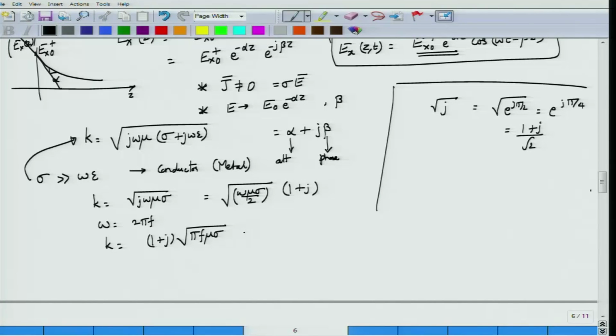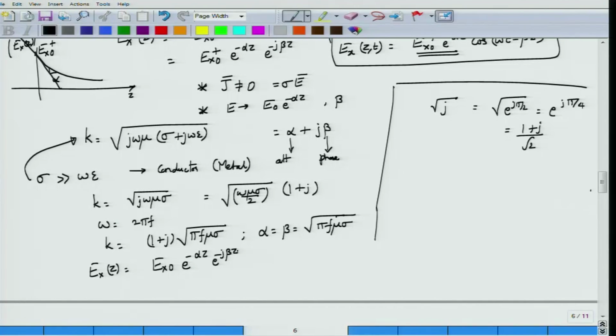So clearly in this case alpha is equal to beta, both given by square root of pi f mu sigma. So what will happen to the electric field that is propagating? The electric field will be Ex of z given with some initial amplitude Ex0, assuming still only a forward propagating wave, and then you have e power minus alpha z, e power minus j beta z.